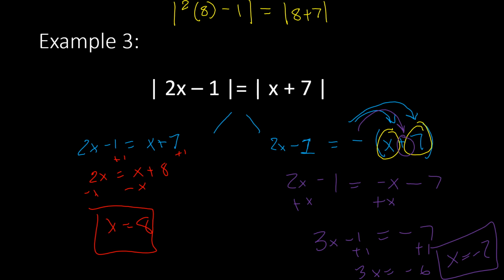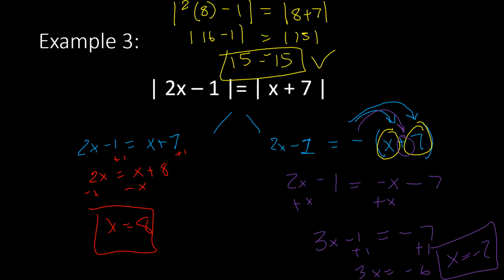Now let's see if this actually works. So we have 16 minus 1 equals 15. 15 equals 15. Now that is correct, and we know this answer is reliable.